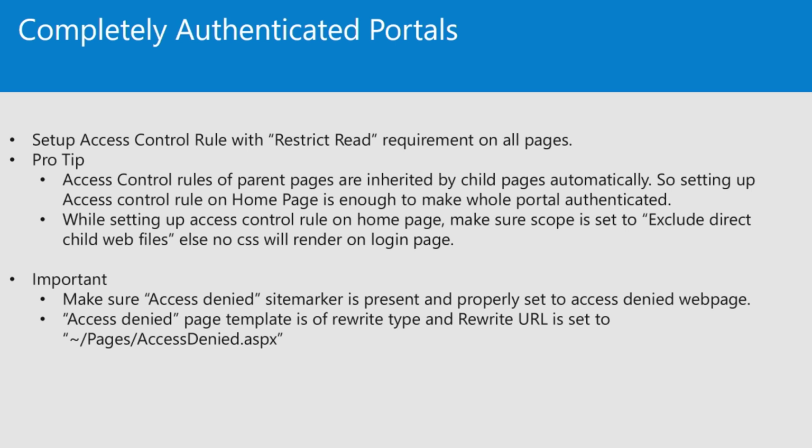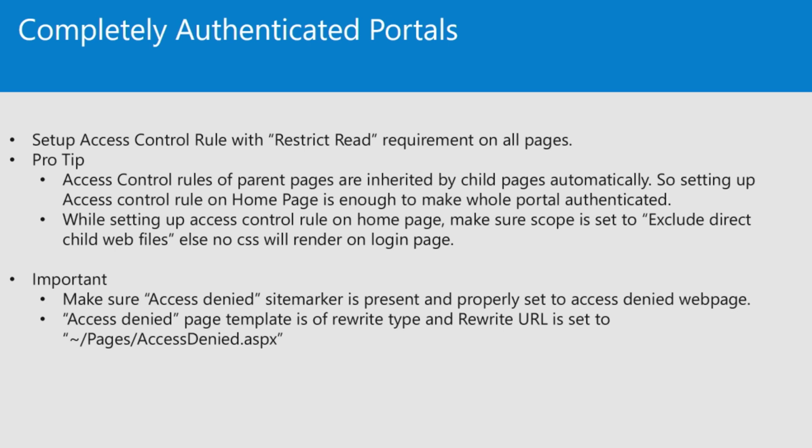So what we really want to do in that is restrict all of my website to require authentication whenever someone hits any page. The way to do that is to play around with access control rules on web pages. What you need to do is set a restrict read access control rule, and don't worry about it, I'll show it in a minute.